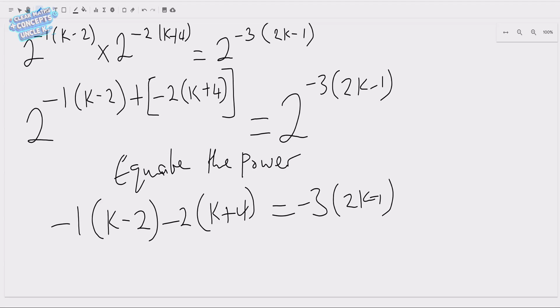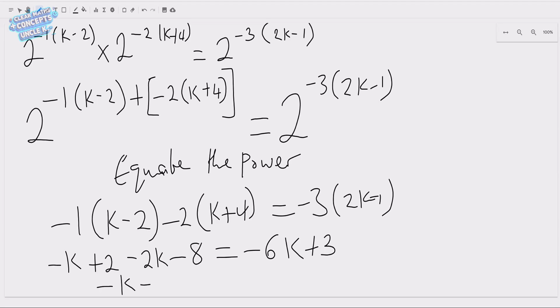So open the bracket. Minus 1 times k is what? Minus k. Minus 1 times minus 1 is what? Plus 2. Minus 2 times k is what? 2k. Minus 2 plus 4 is what? Minus 8, which is what? Minus 3 into 2k. That's minus 6k. Minus 6 times minus 1 is what? Plus 3. So just collect the like terms.